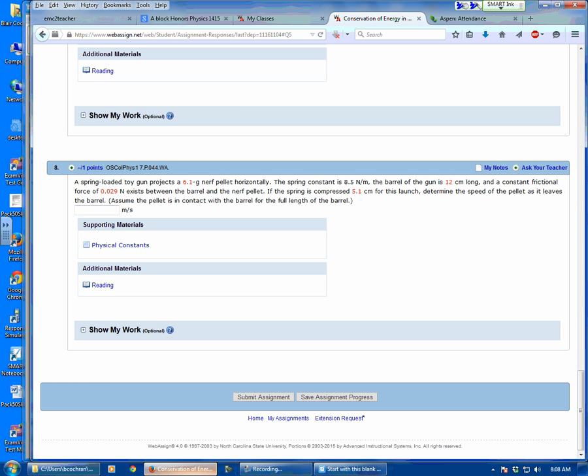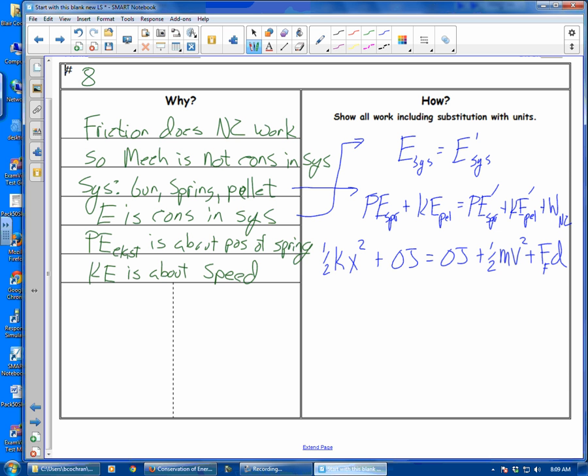Constant frictional force given to me. If the spring is compressed 5.1 centimeters, remember the X here in our potential energy of the spring is the change in position of the spring, how much it's compressed or expanded. So they've given me K, X, M, F, and D, and they're looking for V. So I have the whole relationship there, and all I need to do now is the math. If you need help individually on the math, let me know, and I'll be glad to come around and help you.